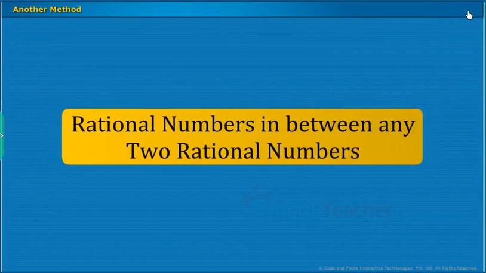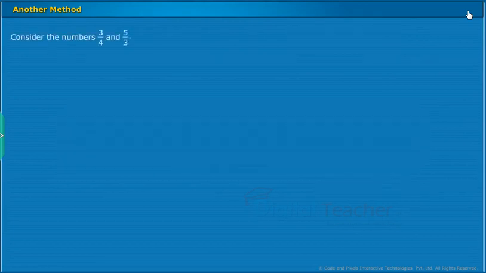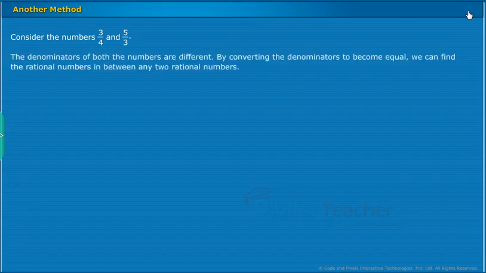Let us see another method to find out rational numbers in between any two rational numbers. Consider the numbers 3 by 4 and 5 by 3. The denominators of both the numbers are different. By converting the denominators to become equal, we can find the rational numbers in between any two rational numbers.